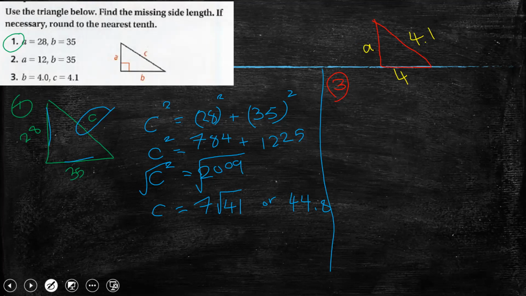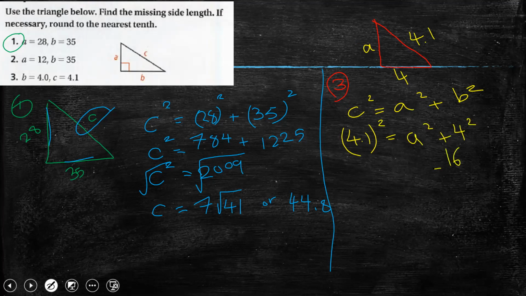But here C is known. So C squared, which is A squared plus B squared, 4.1 squared equals A squared plus 4 squared.